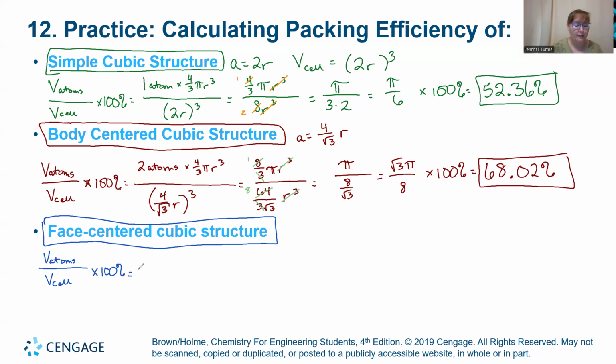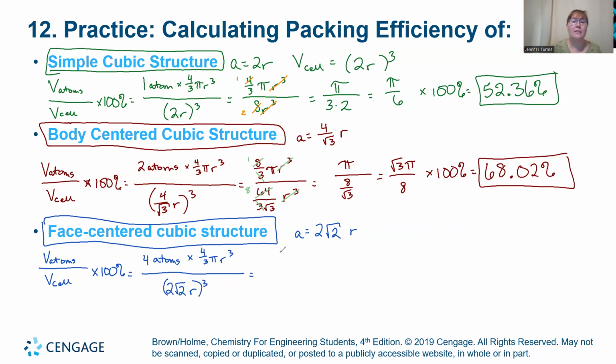In a face-centered cubic, we have 4 atoms times 4/3 pi r cubed, divided by the volume of our cell. Remember that our edge length a is equal to 2 times the square root of 2 r. And so this becomes (2 root 2 r) cubed.